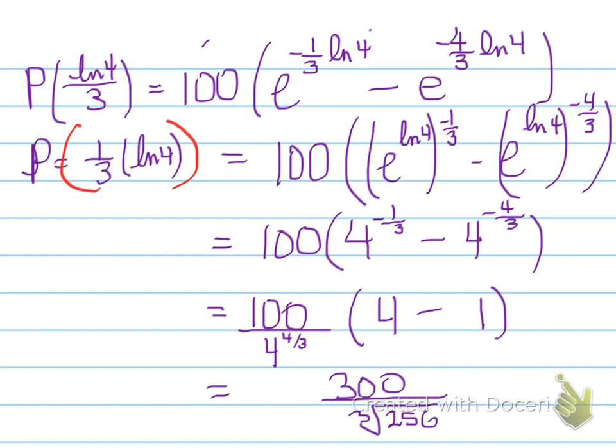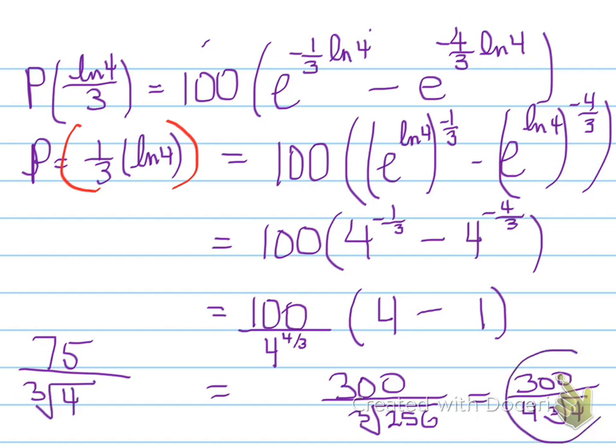Sorry, folks. And that's what the answer would be. If we were to simplify it just a little bit further, you could get 300 over 4 times the cube root of 4. And we could simplify that even further to get 75 over the cube root of 4. 75 over the cube root of 4 as our final answer.